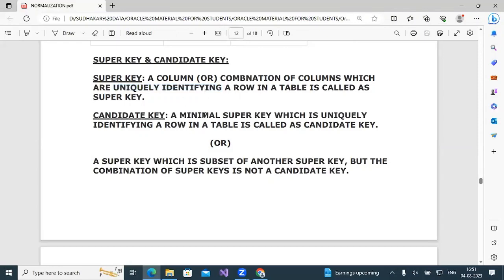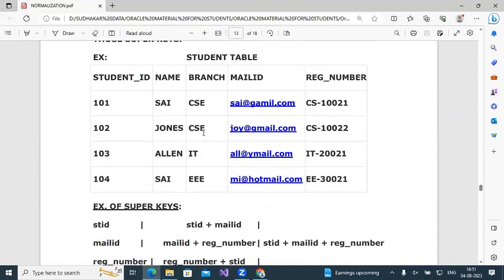What does it mean? Observe carefully. This is our student table: student ID, name, branch, mail ID, and registration number. These are the columns I have taken. Now I want to check, out of 5 columns, which are super key columns and which are non-super key columns. How do I identify a super key column?